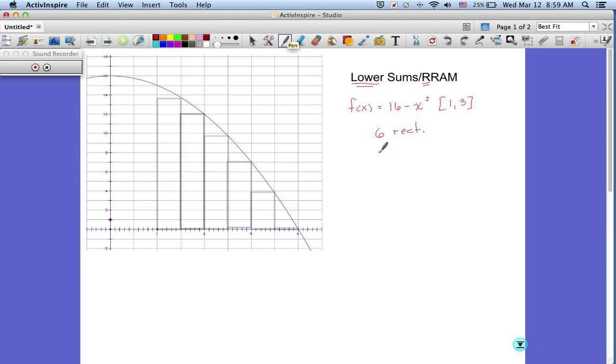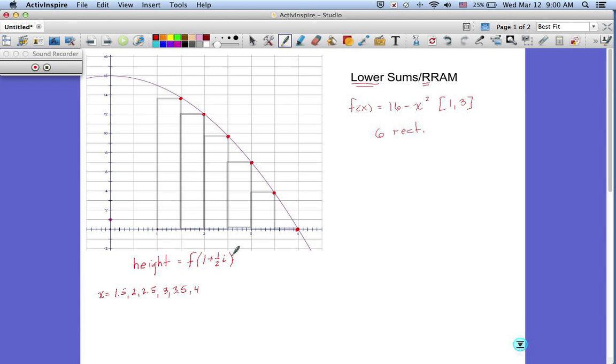Now for this particular case, when we're talking about the height of the rectangle, look at the numbers we're plugging in now. We're not starting at 1 like we were before. We're starting at x equaling 1.5, and then 2, 2.5, 3, 3.5, and ultimately 4. In other words, it's f of 1, my starting point, plus a rectangle's width over and over again.